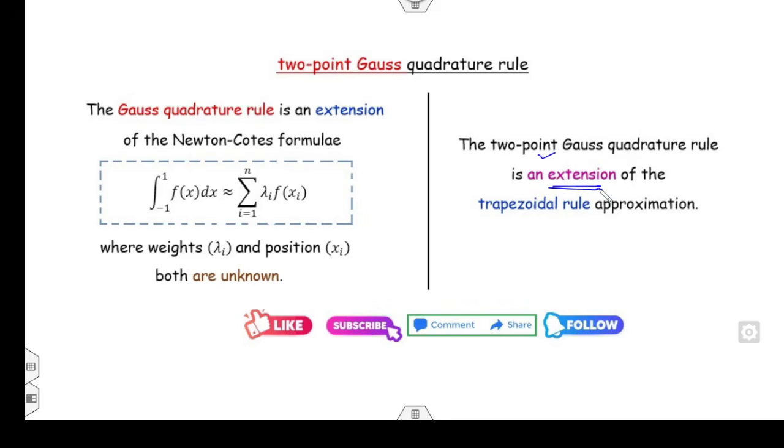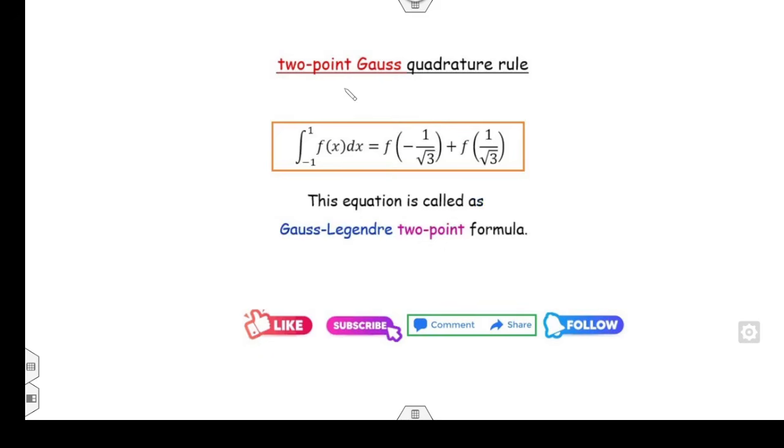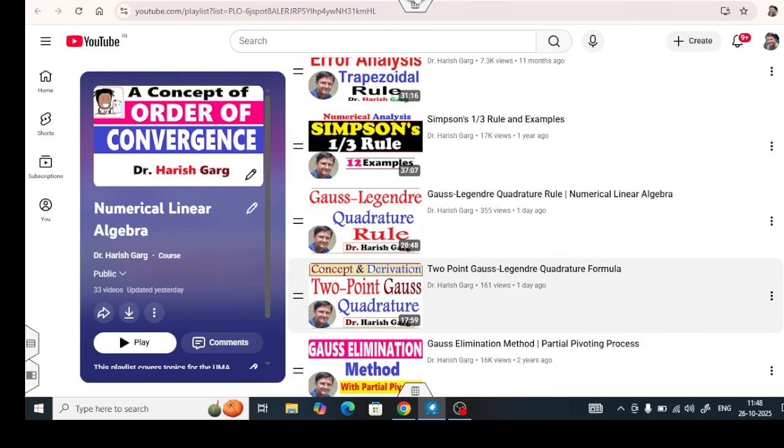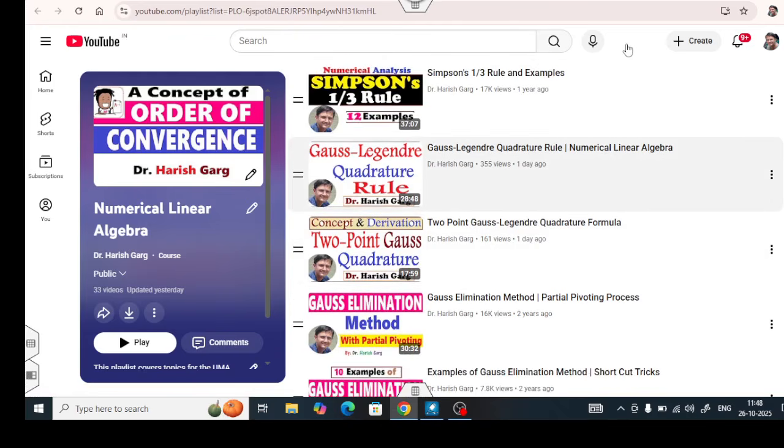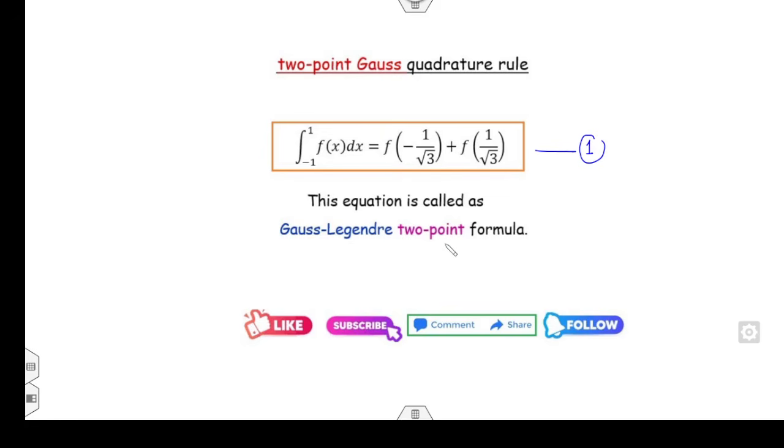The formula which we have derived in our last lecture for the two-point Gauss quadrature formula is defined in equation number 1. For more detail, you can watch the concept of the Gauss quadrature formula and the derivation of the two-point Gauss quadrature in our last lectures. But you have to make sure that whenever you want to apply the two-point Gauss quadrature formula, your domain must be from -1 to +1.